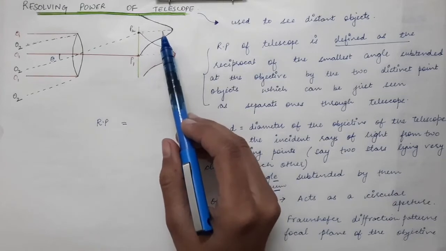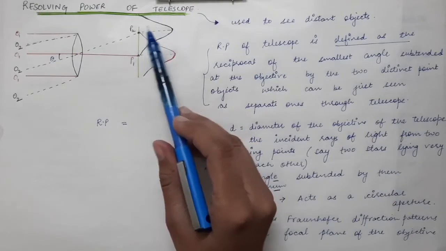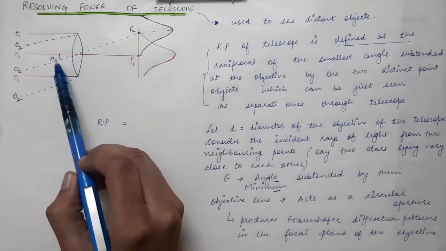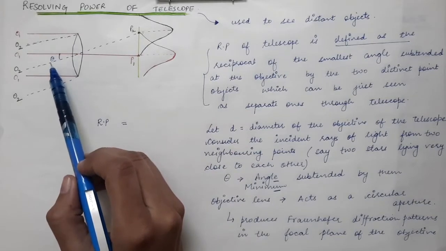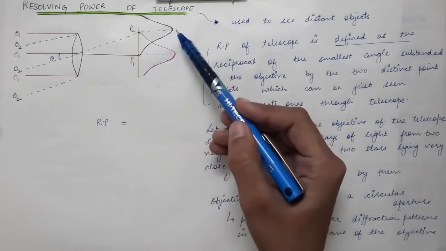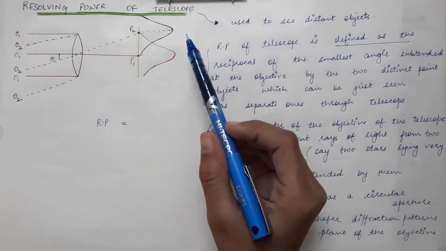So in the diffraction patterns, the minimum of one object falls on the maximum of the other. If you decrease this angle theta further, then these diffraction patterns will come close to each other, and hence the objects will not be resolved.